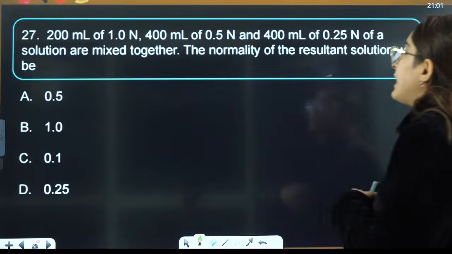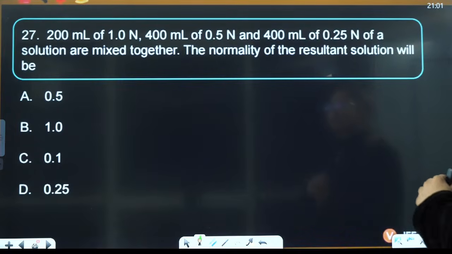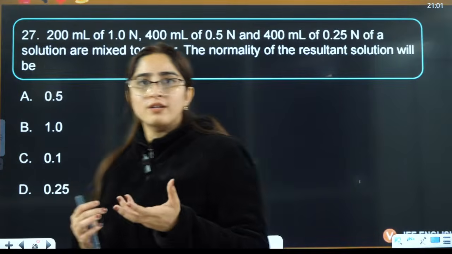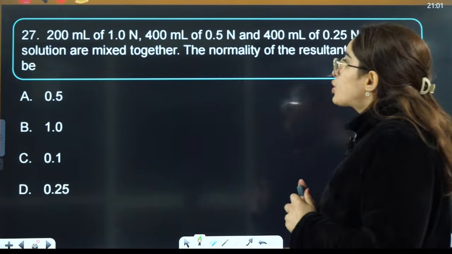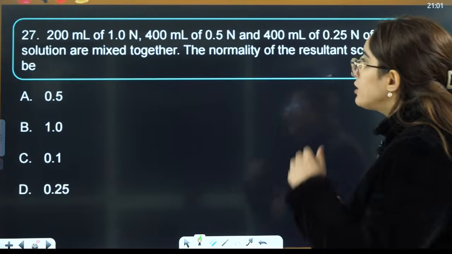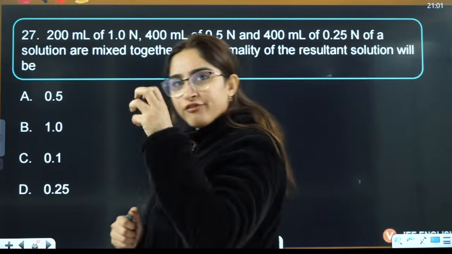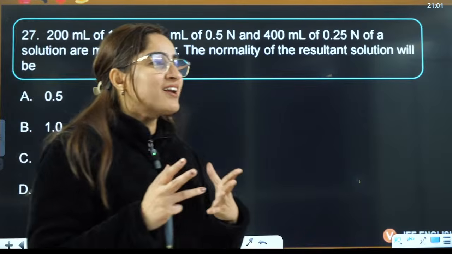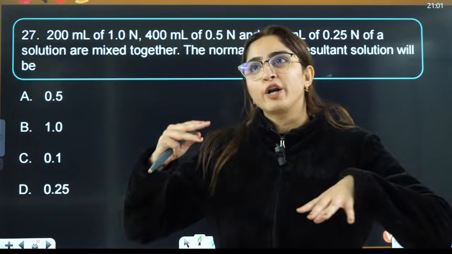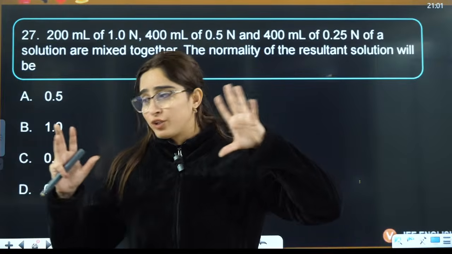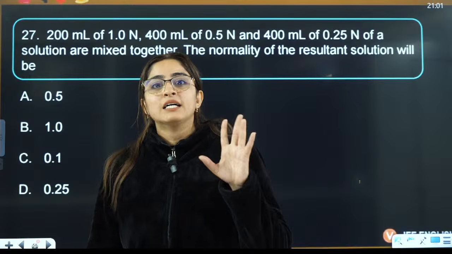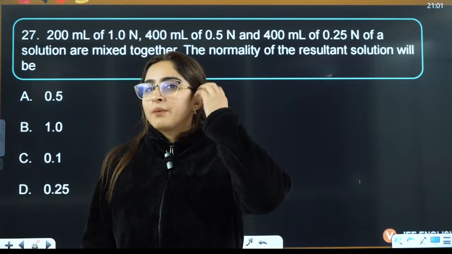Yes. Then you have the next question here. Again, this is a general question of your mole concept, right? So 200 milliliter of one normal solution. You can easily see the difference between JEE and AEEE patterns, right? It's not like a student who has done JEE with a good percentage can easily do AEEE. It's not like that, right? That is a very big problem.